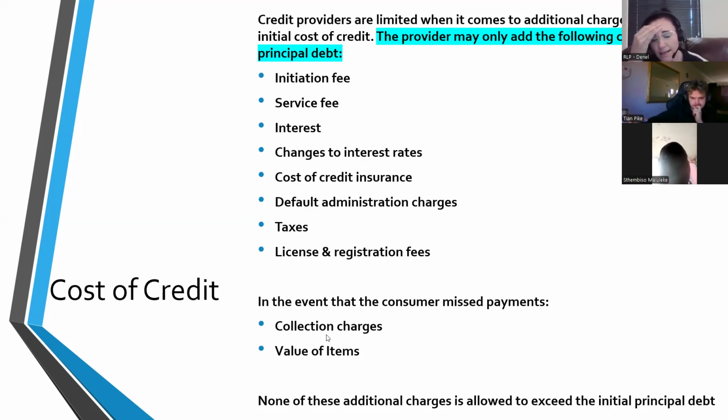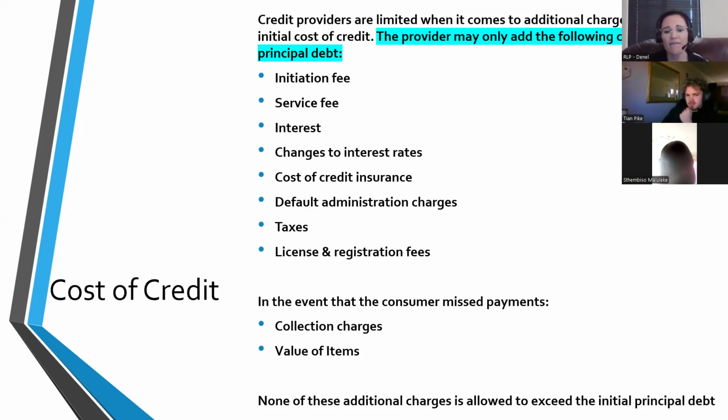So for instance, in the exam, they will say something along the lines of, which of the following costs may be added to the initial principal debt? A, initiation fee, B, spotters fee, C, insurance kickback, and D, license and registration fee. So now, if you know this list, you would have identified that A and D are correct, initiation fee and license and registration fee. So you need to familiarize yourself with this list, please.